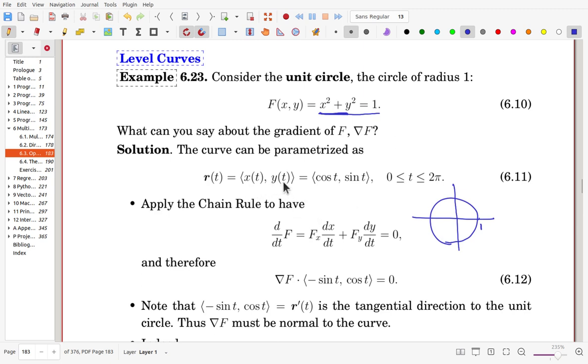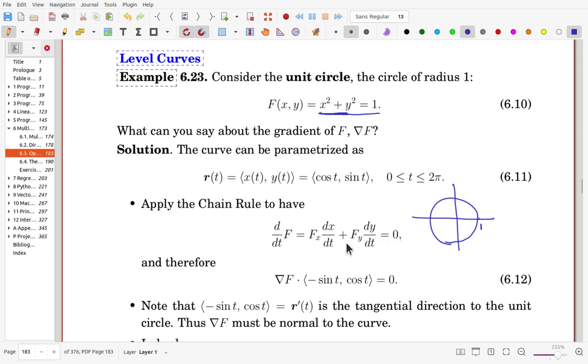Once x and y are functions of t, then we may consider capital F as a function of t. So let's try to get the derivative of f with respect to t. Now we are using the chain rule. First the x derivative and the x t derivative, and the y derivative and the y t derivative, and this is constant, so it must be 0.